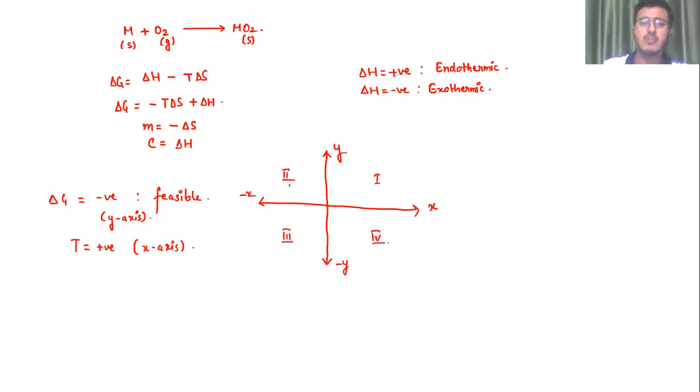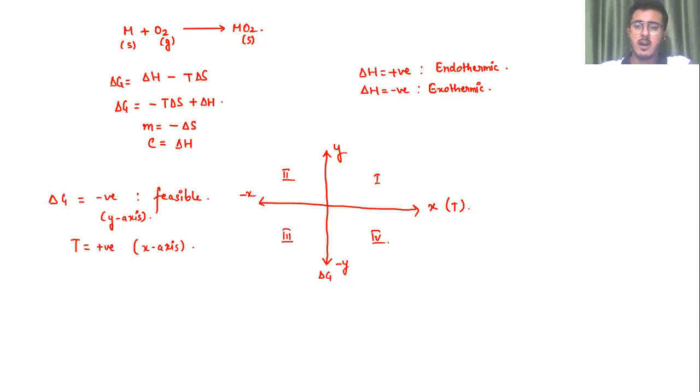Based upon the two axes, x and y, we see that the Ellingham diagram is drawn in the fourth quadrant. What is the fourth quadrant? Basically, your y-axis is negative in nature, that is, your delta G is negative, whereas your temperature is positive. So you obtain your Ellingham diagram in the fourth quadrant.